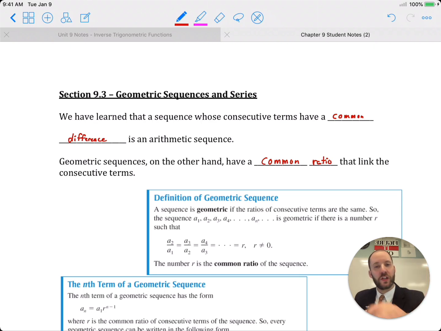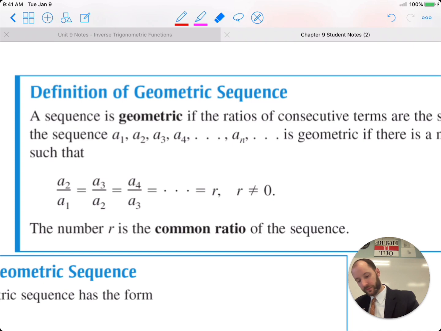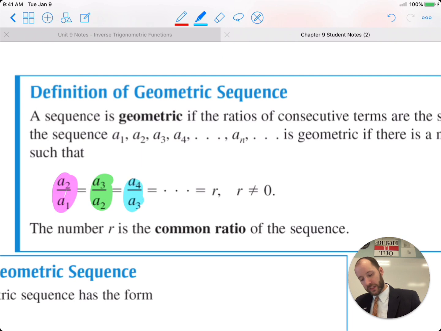This section we're looking at geometric sequences. Specifically, there's a common ratio between terms. Ratio meaning division. So a sub 2 divided by a sub 1, or a sub 3 divided by a sub 2, a sub 4 divided by a sub 3, and so on.